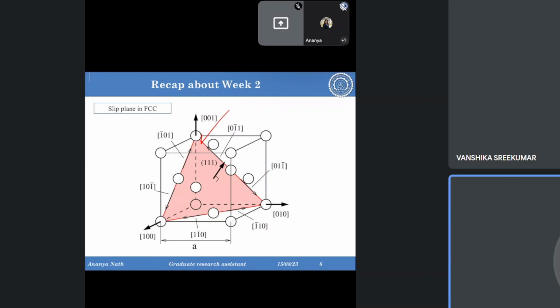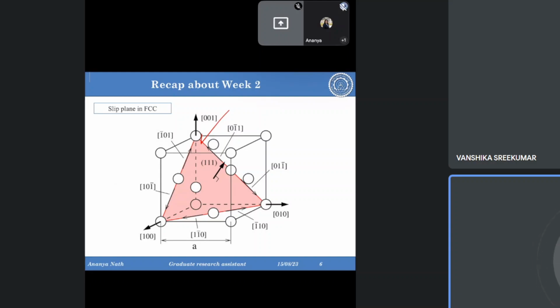In BCC there are a lot more slip planes, though that is not a close packed structure. So those slip planes cannot allow the dislocations to move very fast in them, but FCC can. So that is why FCC structures are ductile in nature, but BCC structures are mostly brittle in nature.